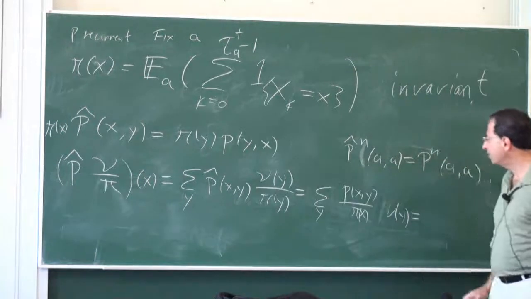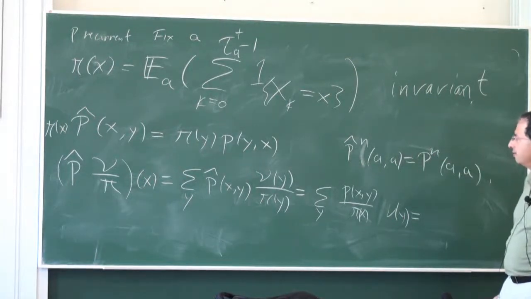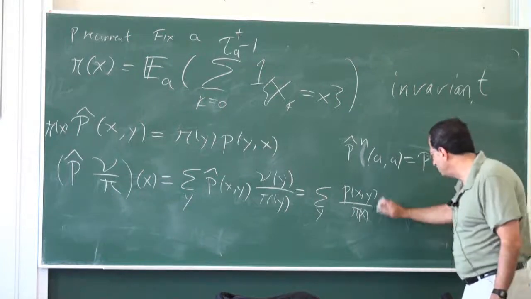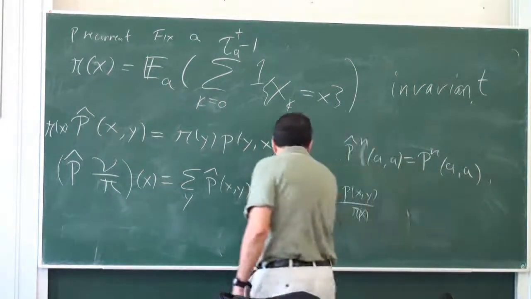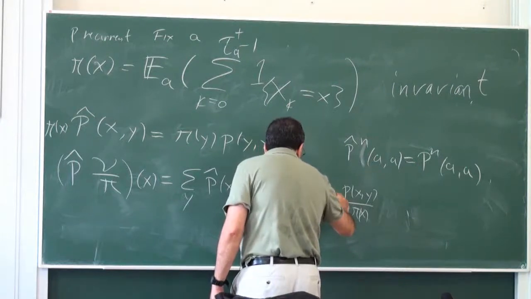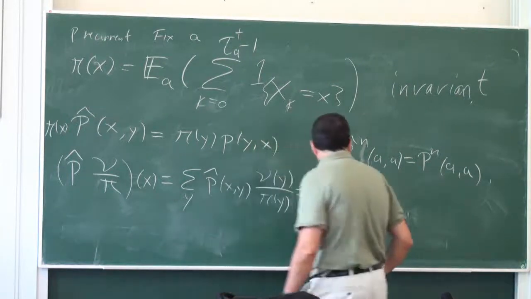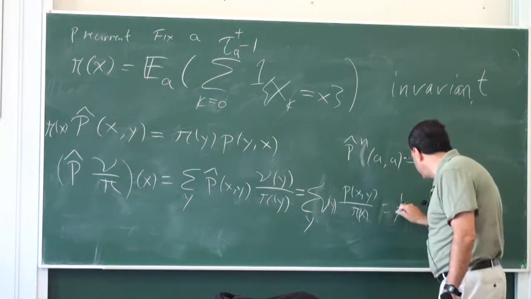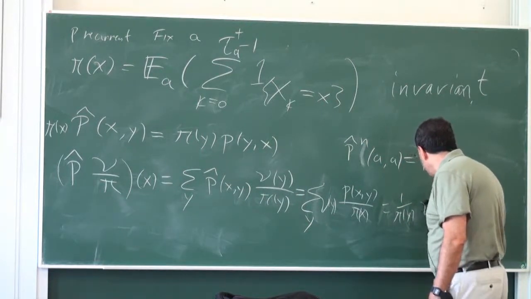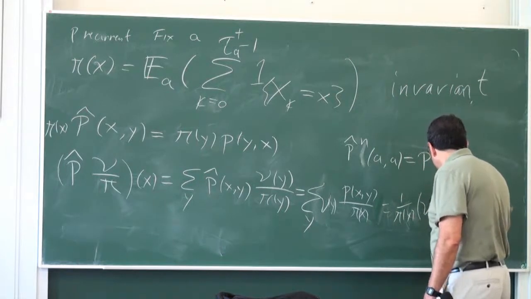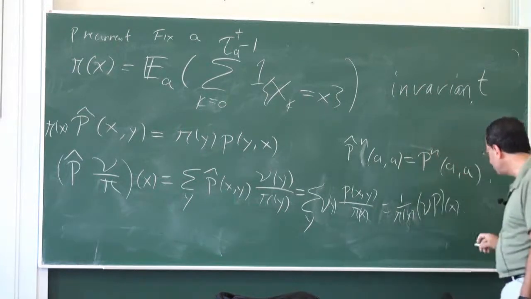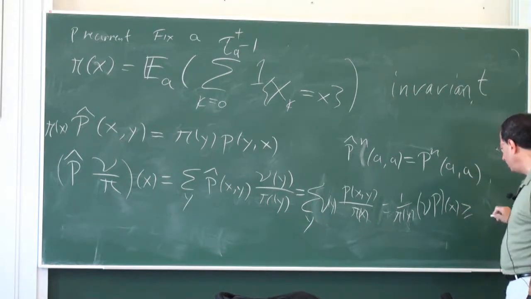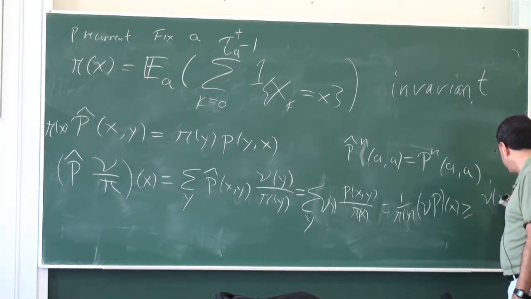Now this is exactly 1 over pi of x times nu p of x, which, because of our assumption, is greater or equal than nu of x over pi of x.